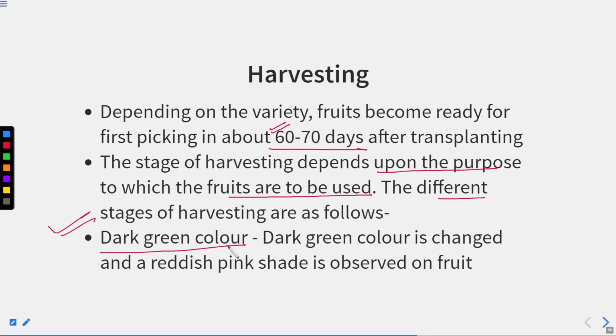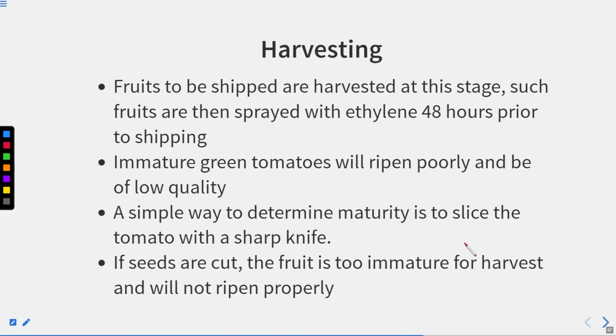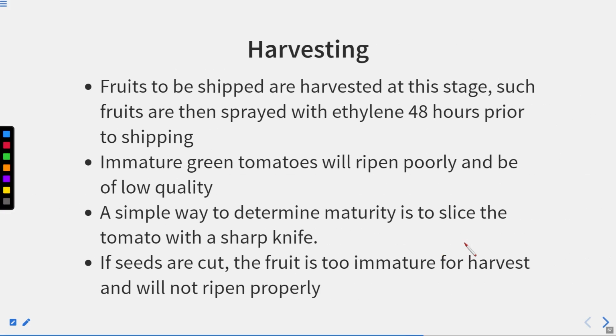Mature green stage: the fruit is dark green in color. The dark green color changes when a reddish pink shade is observed on the fruit. At that time we can do the harvesting. Fruits to be shipped are harvested at this stage, and are then sprayed with ethylene 48 hours prior to shipping.